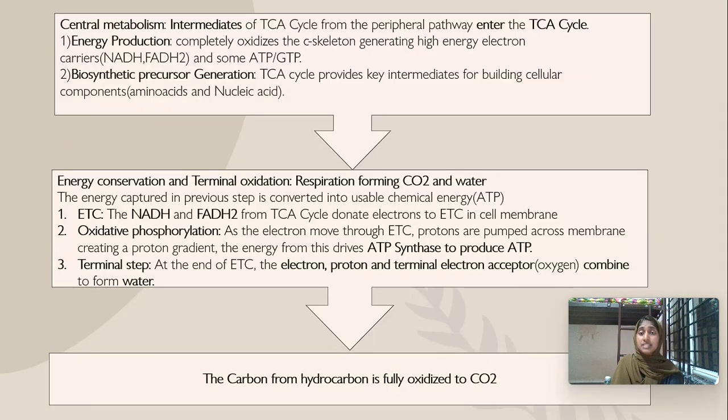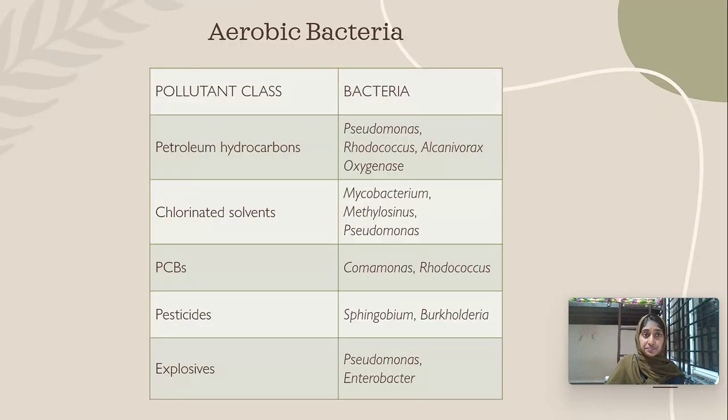The energy from this drives ATP synthase to produce ATP. Finally, the electrons in the electron transport chain are accepted by oxygen, and protons combine with them to form water. Thus, the carbon from the hydrocarbon is fully oxidized to carbon dioxide.